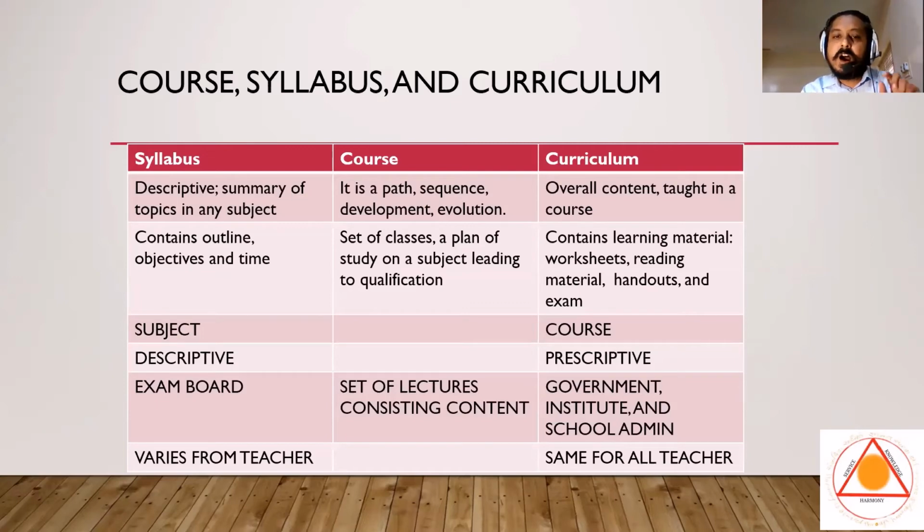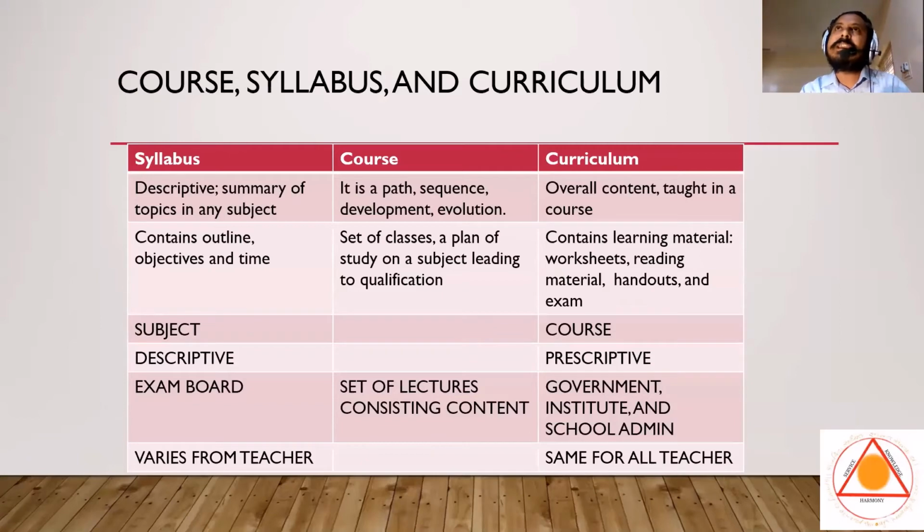That means after attending a specific course on a specific subject, you will gain a qualification. So right now you are in the BA English Language and Literature course. Throughout your first year, second year, and third year, it's a path leading towards BA English Language and Literature, advanced. So you can relate to course.